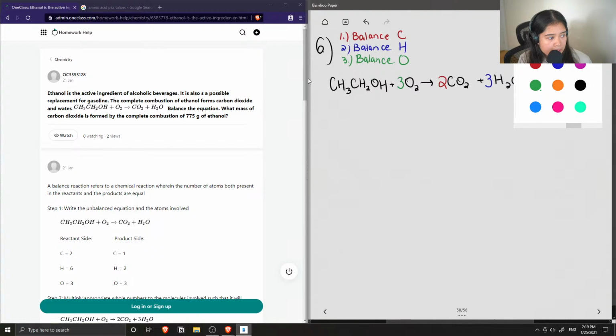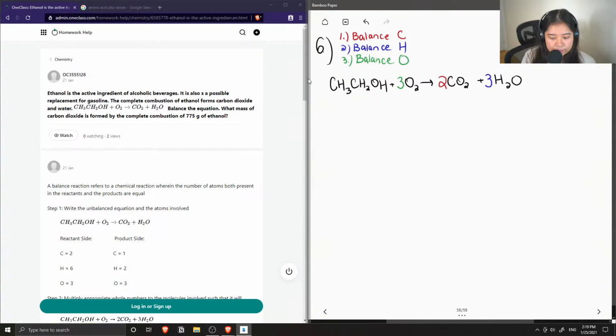Now let's try to answer the next part of the question. What mass of carbon dioxide is formed by the complete combustion of 775 grams of ethanol? So let's write down everything we know. We know the mass of ethanol is 775 grams.